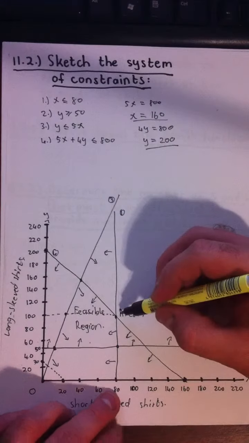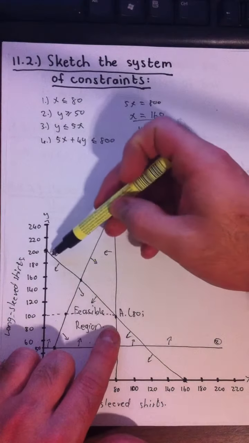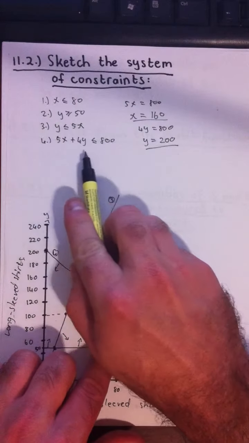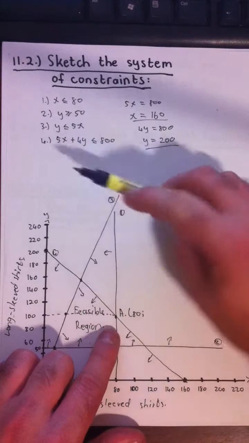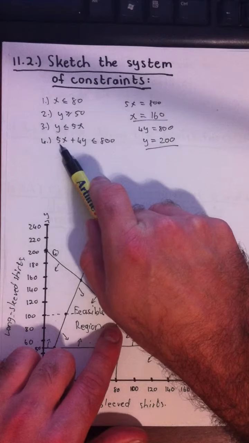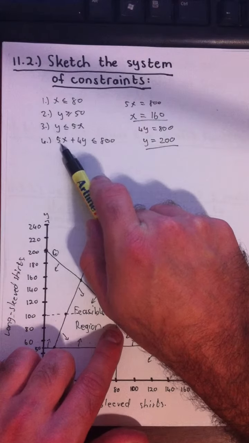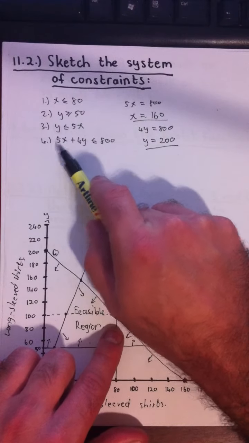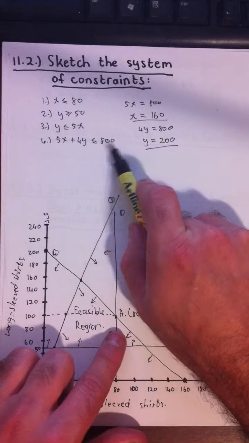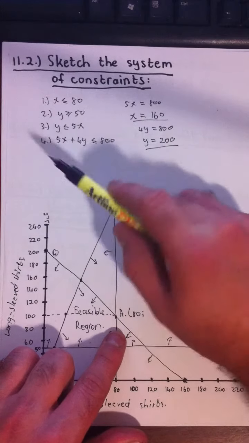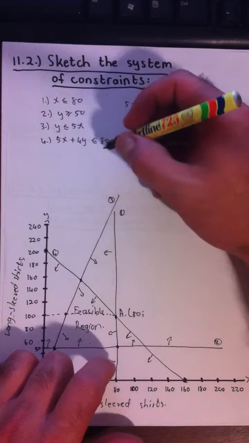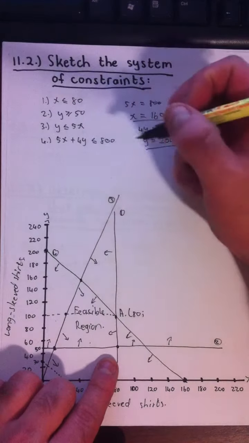We know x equals 80, and the other line that it crosses is this one here, number 4, which is 5x plus 4y equals 800. So let's substitute x equals 80 in here. 5 times 80 gives us 400. So 4y equals 800 minus 400, so 4y equals 400. Divide both sides by 4, and that gives us y equals 100.